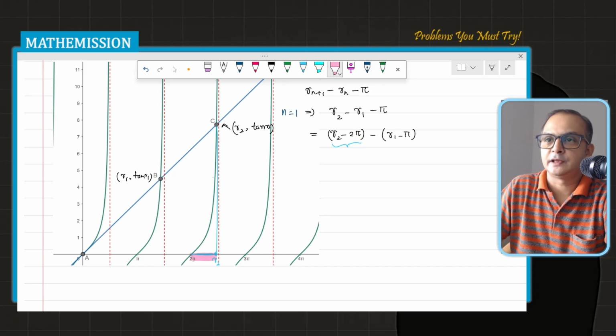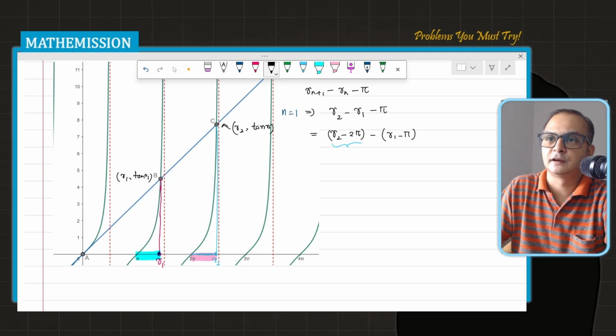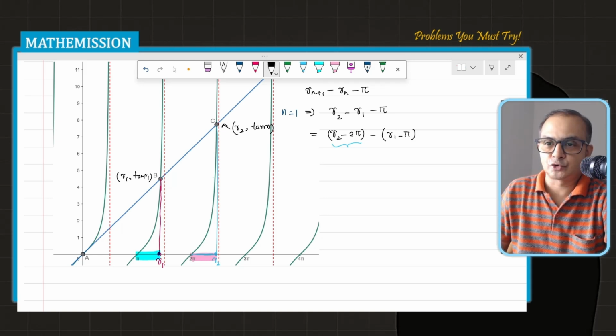In the same way, if I drop a perpendicular from this point B to the x-axis, this point will be the R1, and so this gap is indicating the R1 minus pi.